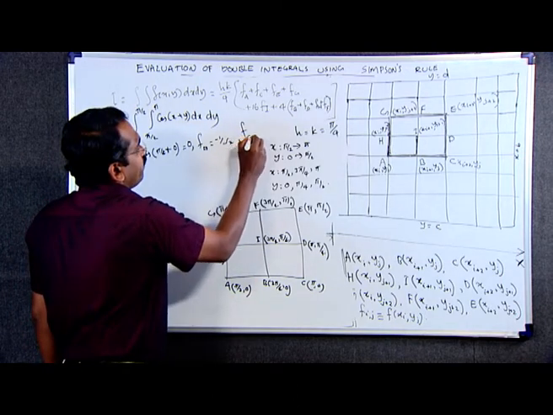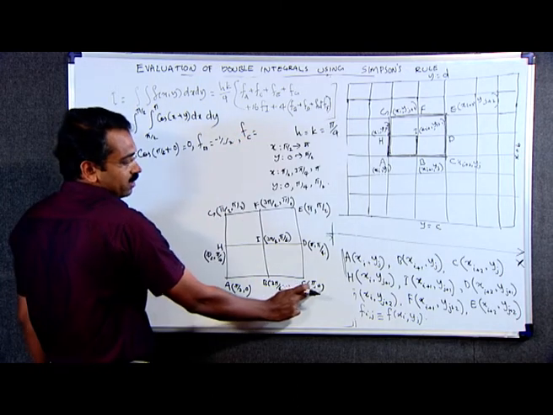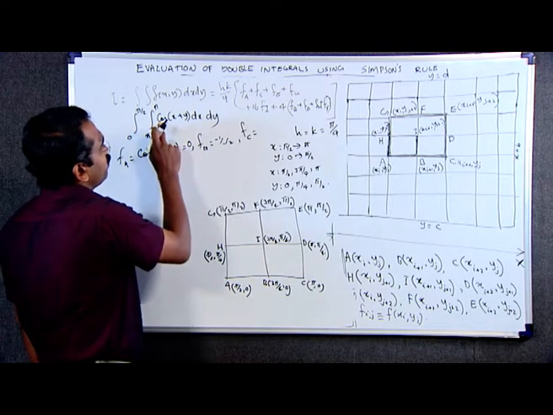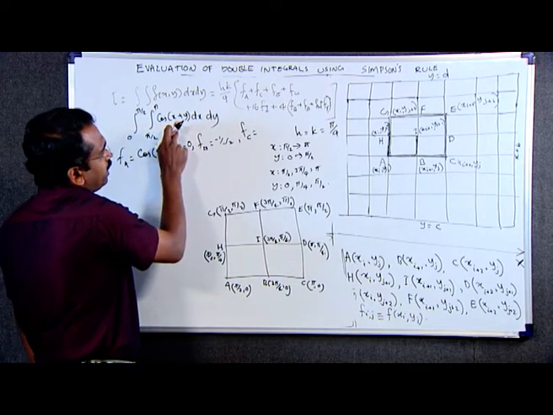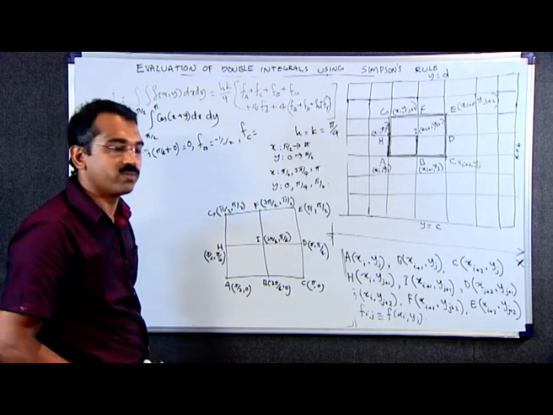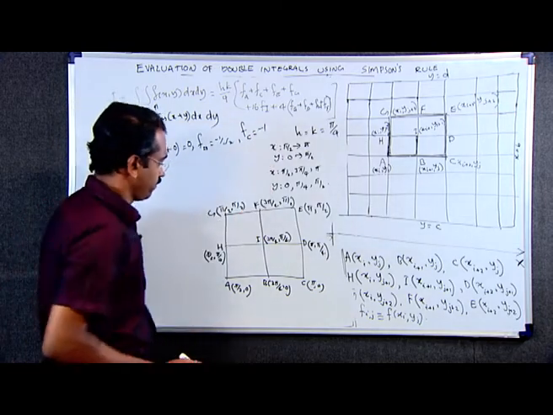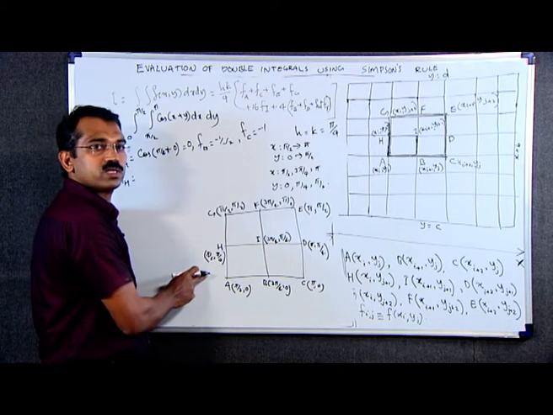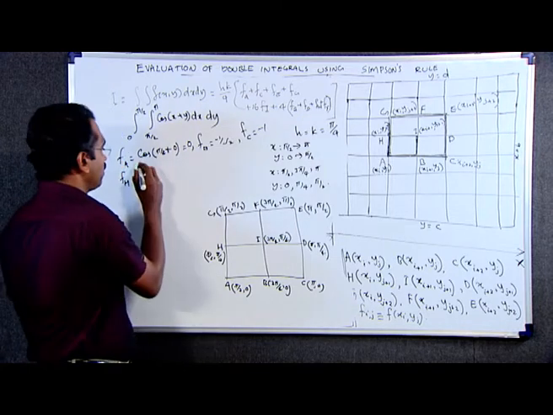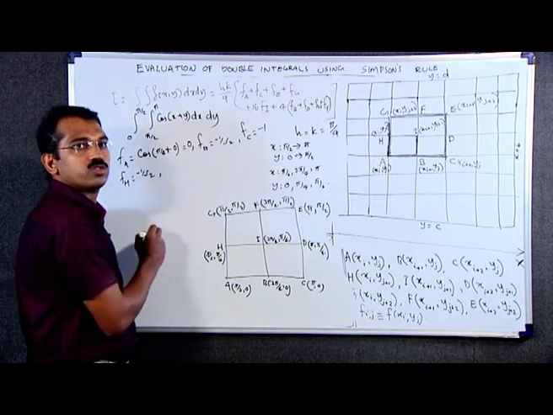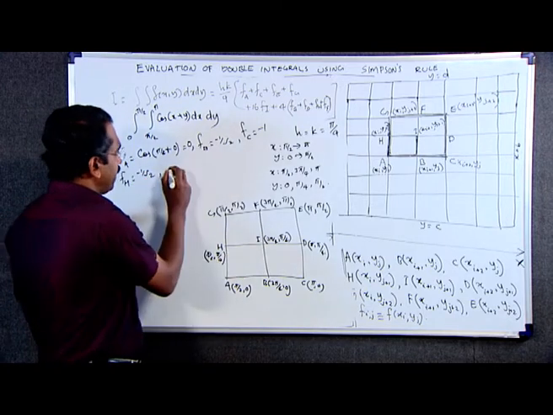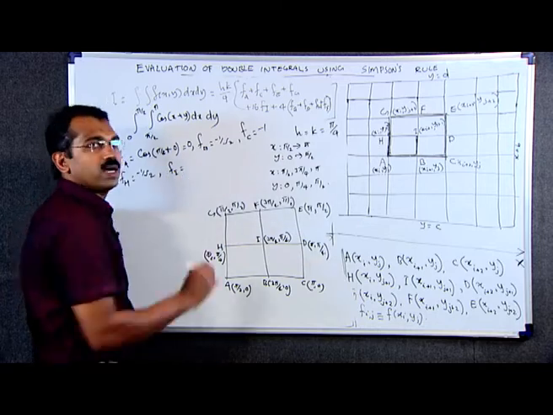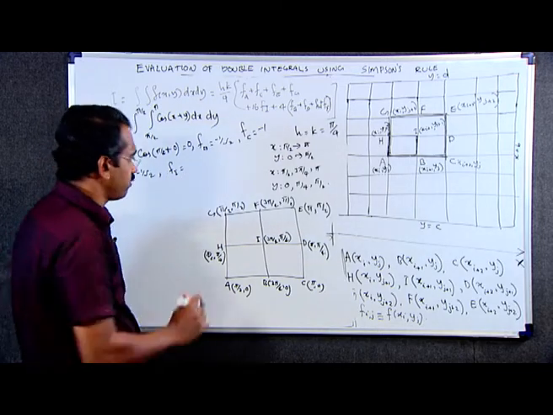F c, for C the point is pi comma 0, therefore cos pi plus 0, cos pi, that is minus 1. Similarly, f h, the value of the function at H, is minus 1 by root 2. F I, the value of the function at I, is minus 1.